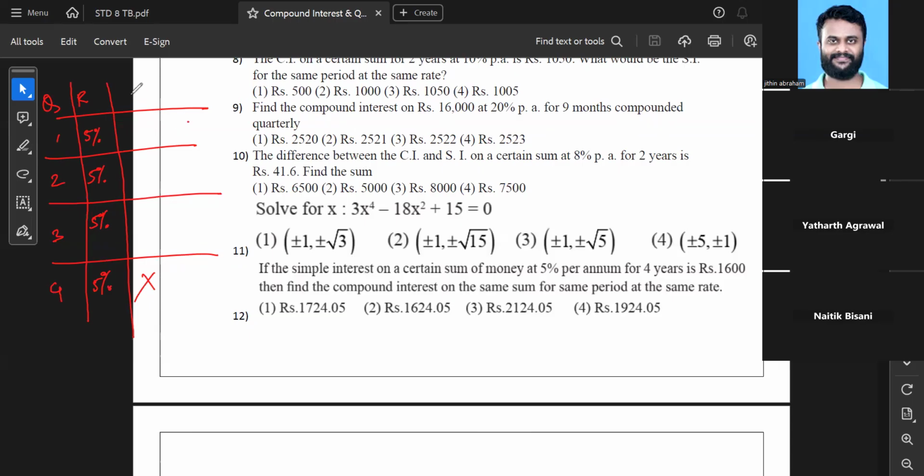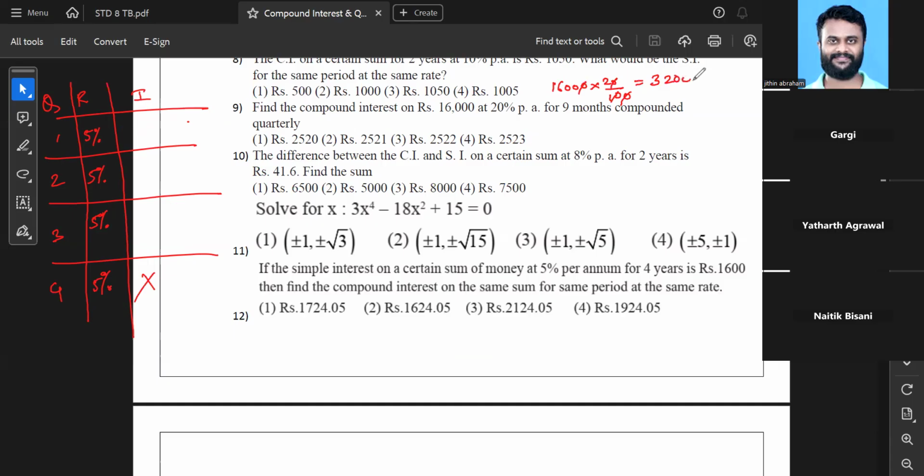Now, let me calculate the interest. In the first quarter, the interest will be on 16,000. So 16,000 multiplied by 20% gives you 3,200.